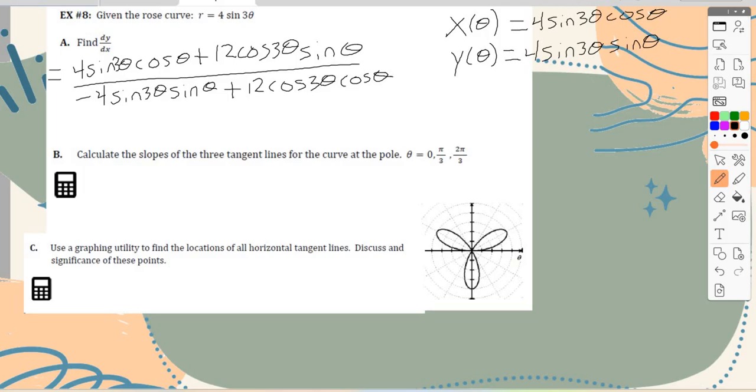And what would probably be a good thing to do if I'm plugging in 3 different things? Because we're going to have to plug in 3 different things, and so we don't want to have to type that out every single time.